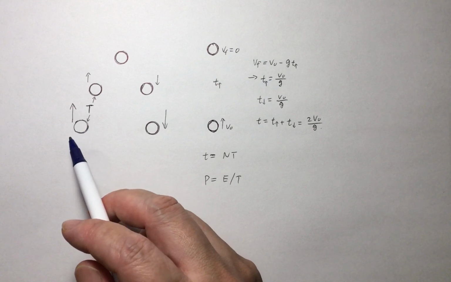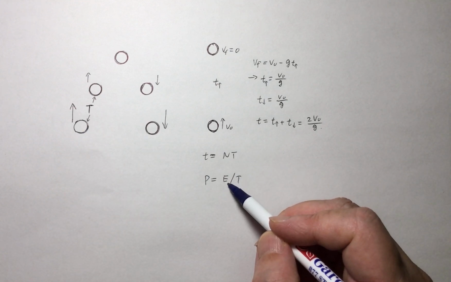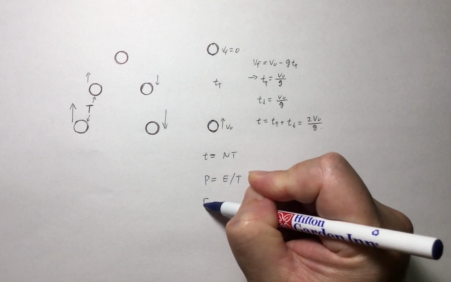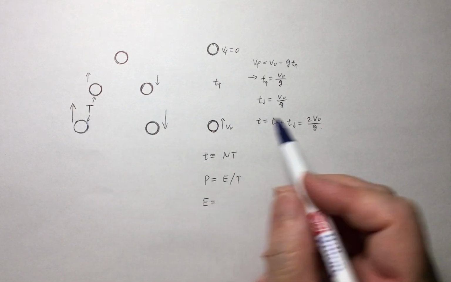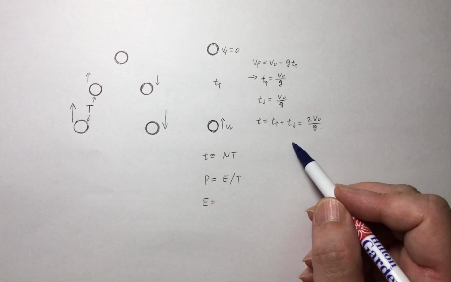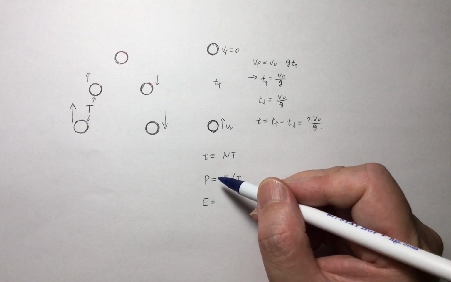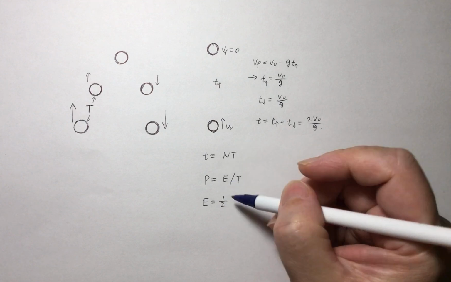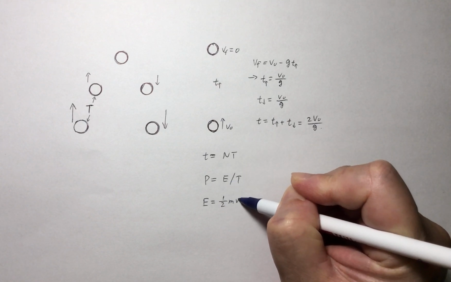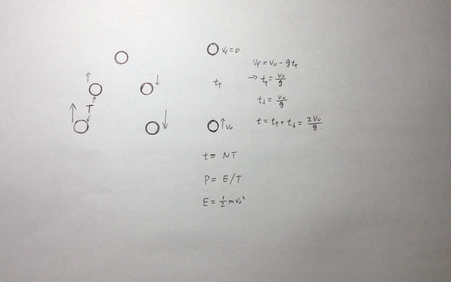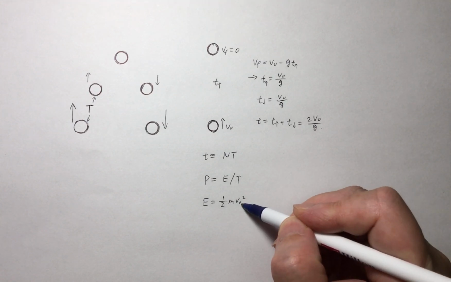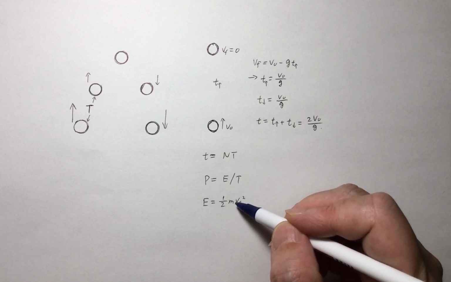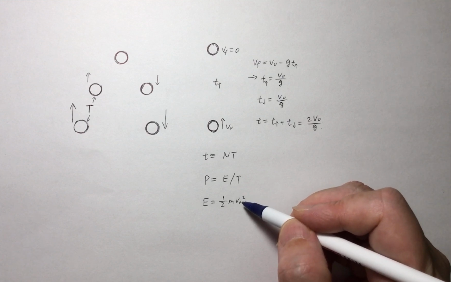So the energy E is the energy that gives the ball the initial speed. So E is half m v0 squared. That's the energy that the juggler gives to each ball at the very starting point.